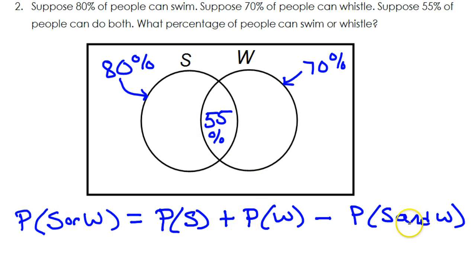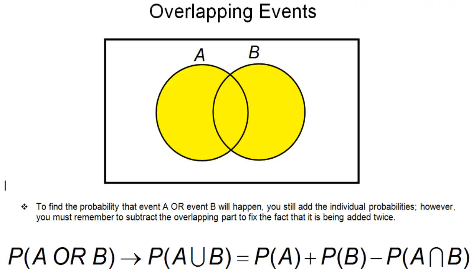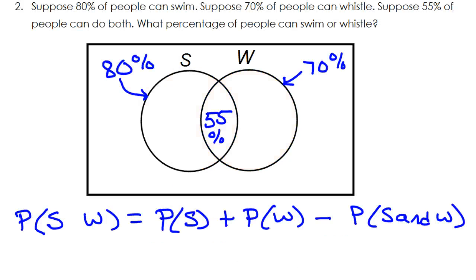Here I used or and and, but in the formula I have the union symbol and the intersection symbol. They mean the same thing.